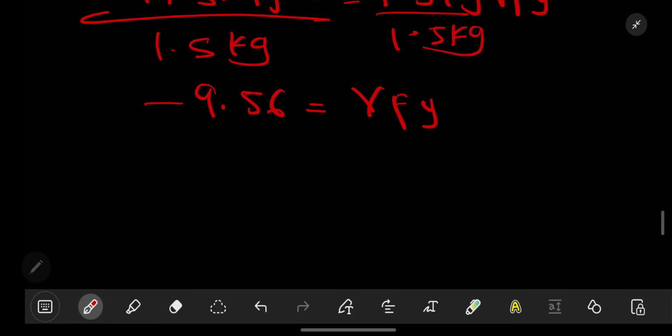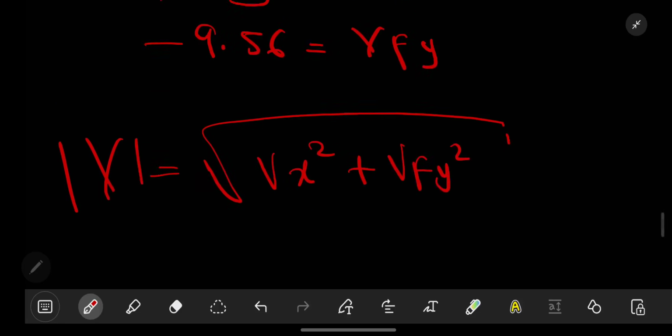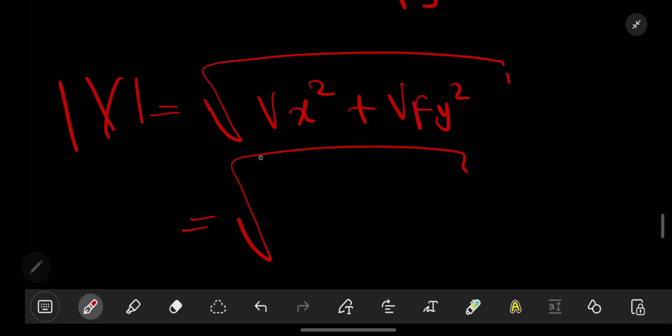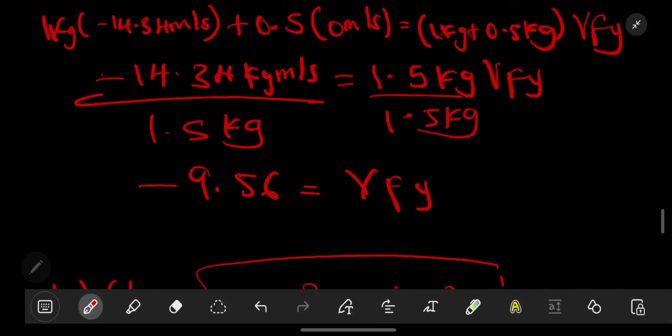Therefore, to find the magnitude of the velocity, it should be equal to the square root of the square of the velocity in the X plus the square of the velocity in the Y. The velocity in the X is equal to 15.99.